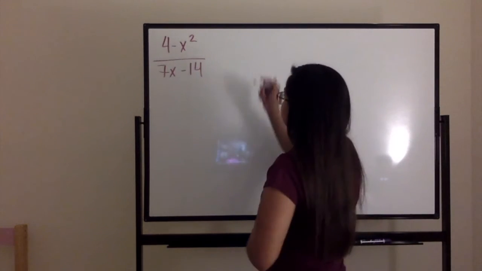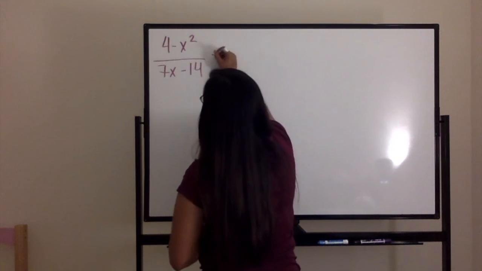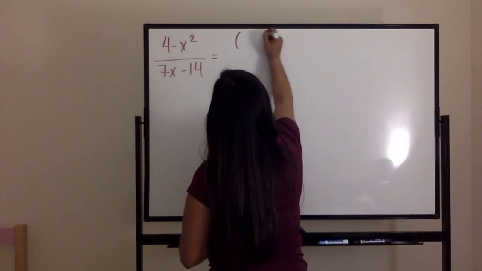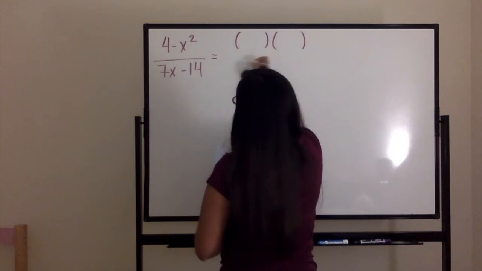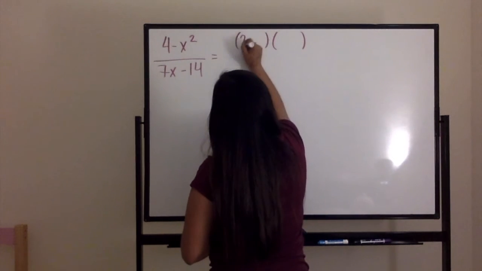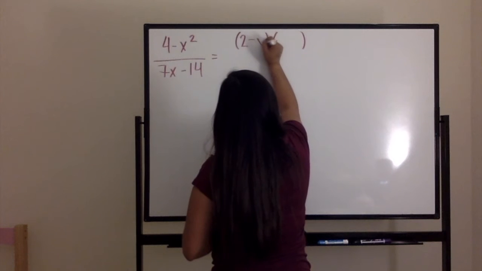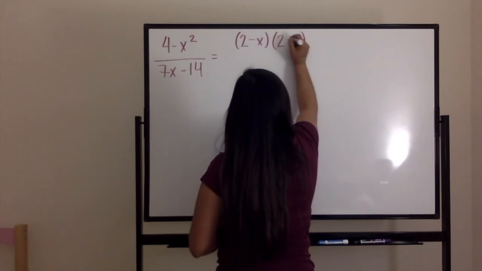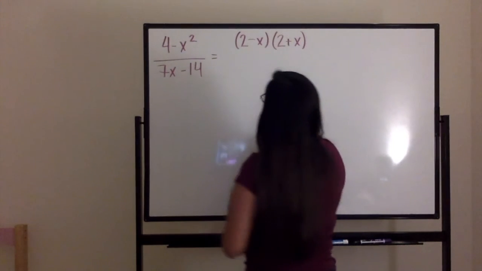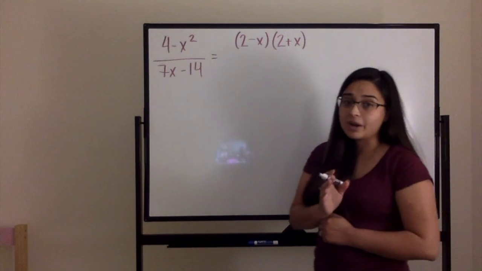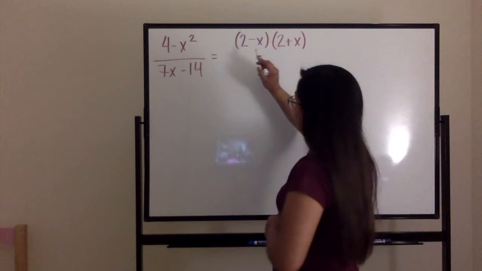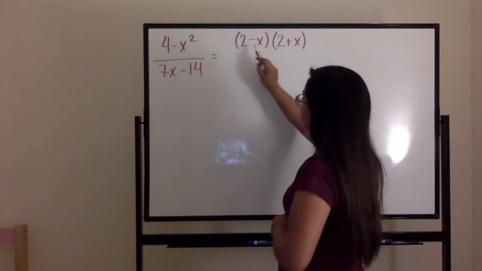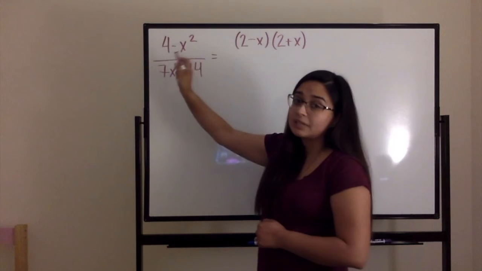So, I know when I factor my numerator, I can actually do one of these. Let me explain why I know I could do that. Because my middle number would cancel out.